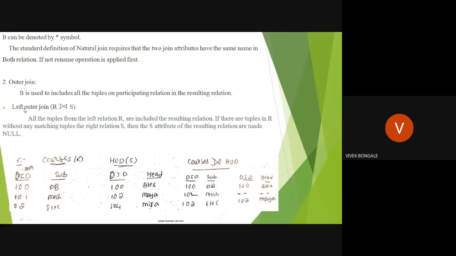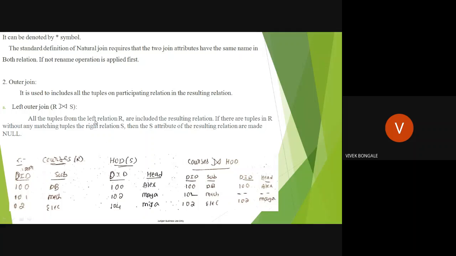The first one is the left outer join. As the name says, we compare the attribute from the left hand side table with the right hand side table. Left hand side values that are equal to right hand side values are added to the resulting table, the merged table.